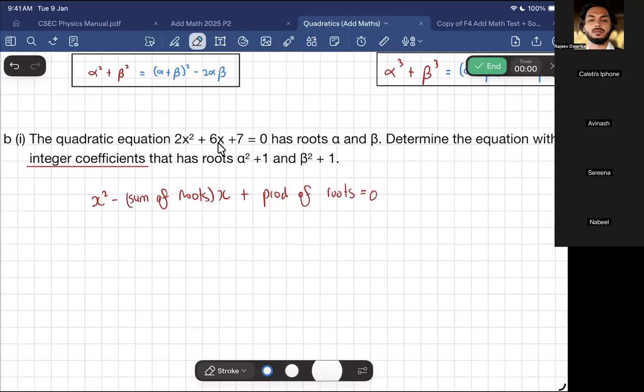So how would I write this such that all of my coefficients are whole numbers? Okay, Avinash and Serena, when you're done, please send your answer in the chat.